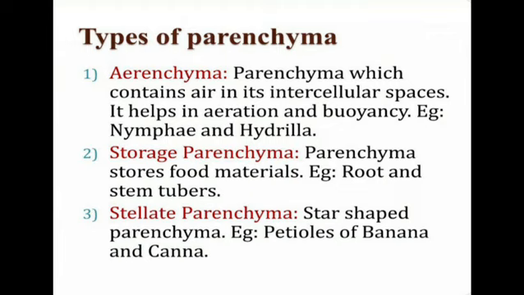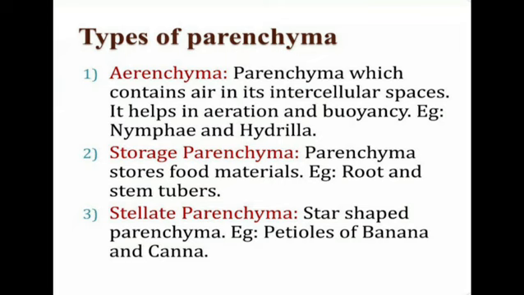Types of parenchyma. 1. Aerenchyma. Parenchyma which contains air in its intercellular spaces. It helps in aeration and buoyancy. Example, Nymphaea and Hydrilla. 2. Storage parenchyma. Parenchyma stores food materials. Example, root and stem tubers. 3. Stellate parenchyma. Star-shaped parenchyma.